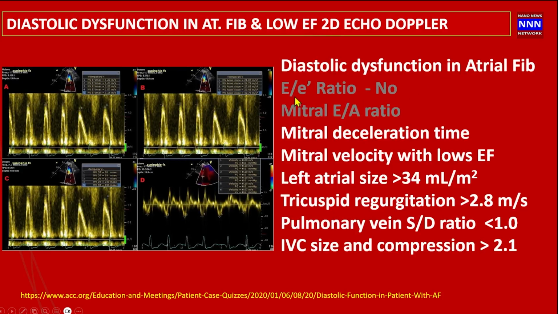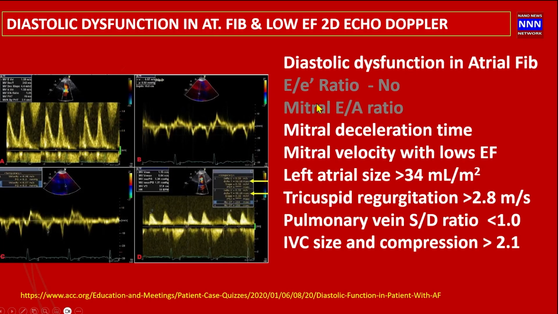Summing up the whole information that I just mentioned, the textbook here in slide format, diastolic dysfunction in atrial fibrillation. We don't have an E to A ratio because that is not there, but we do have an E to E prime ratio of greater than 15, especially, indicating elevated left ventricular pressure or diastolic dysfunction. Mitral deceleration time of less than 150.